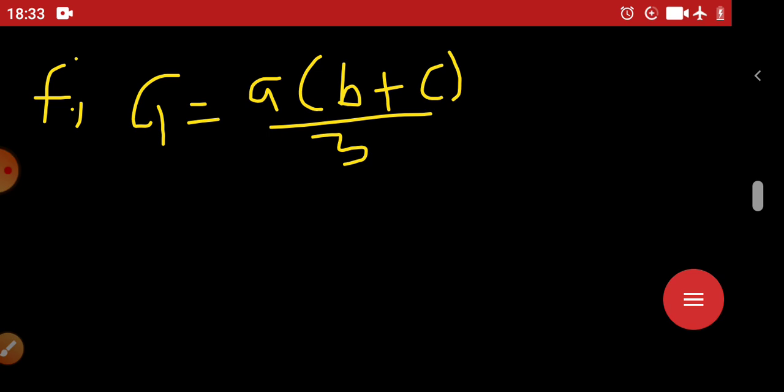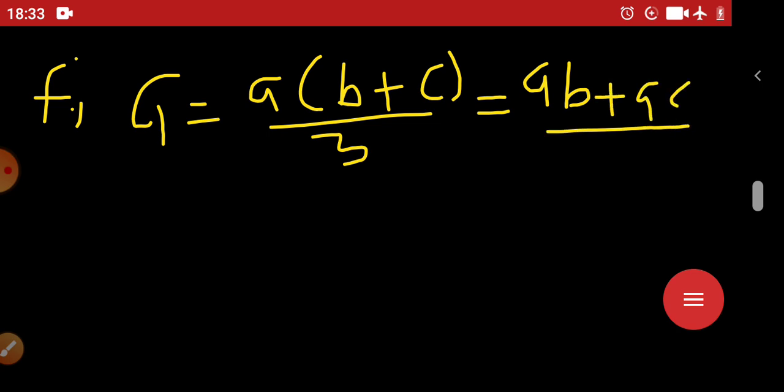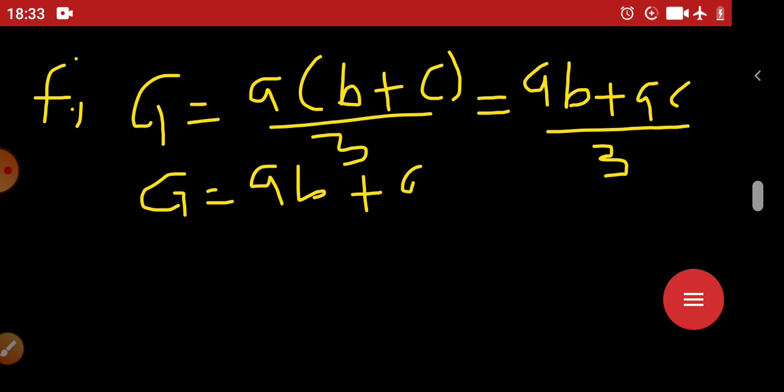Because you can't deal with c as it is in brackets, we need to expand the bracket. When you expand the bracket, you'll have ab plus ac all divided by 3.